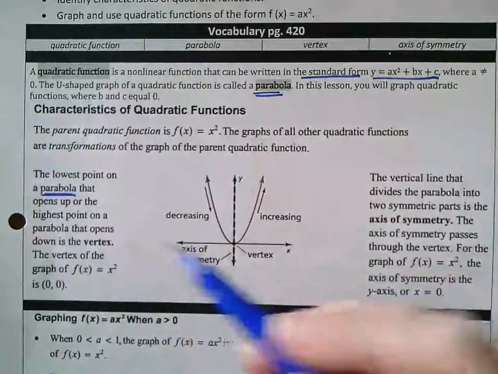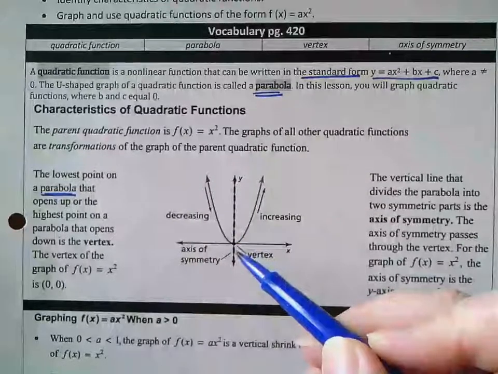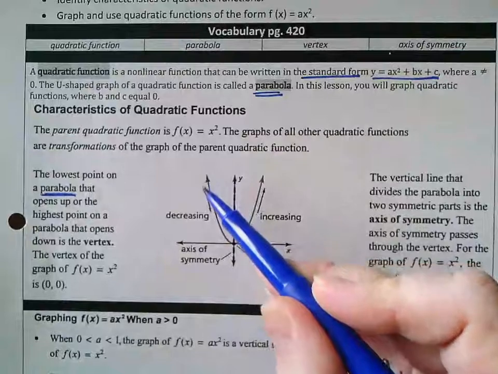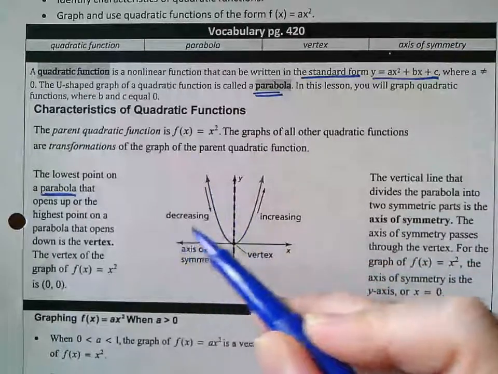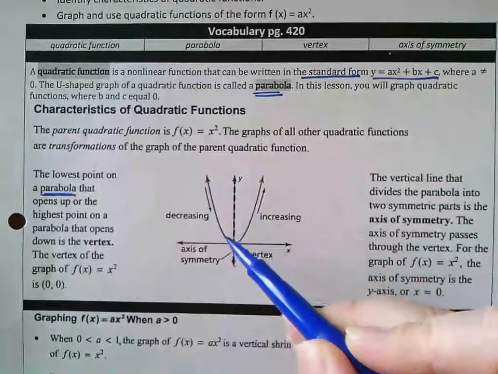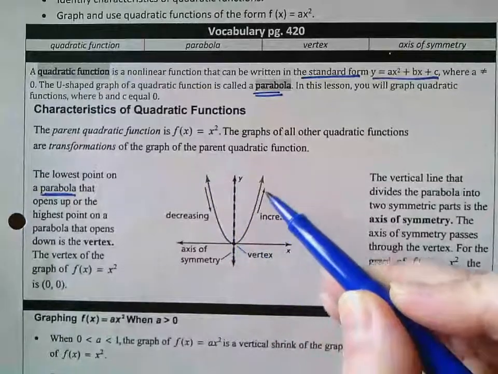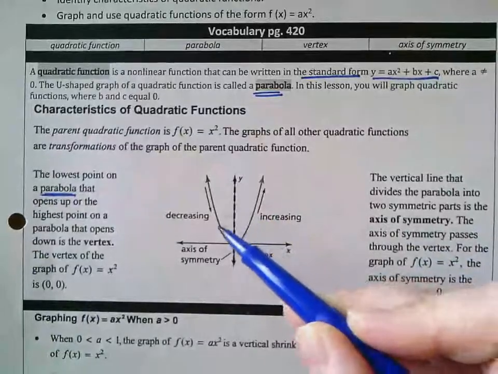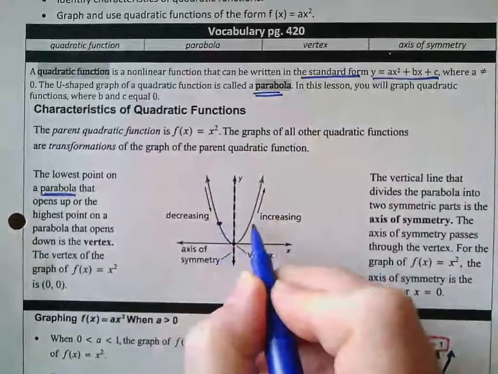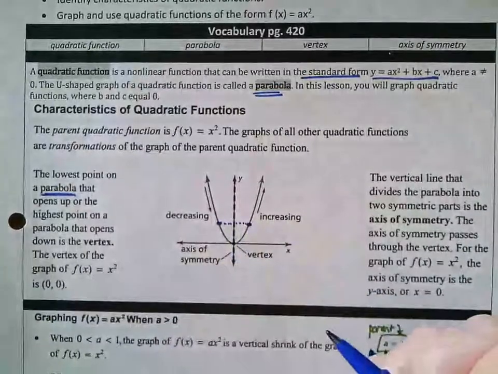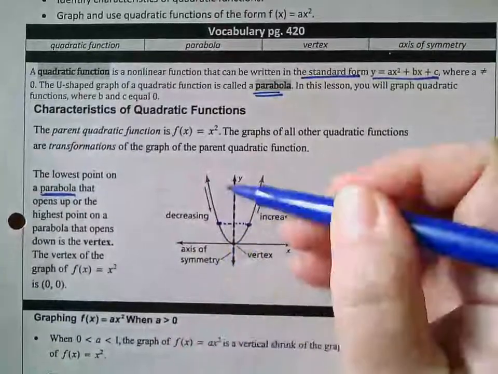So the lowest point on the parabola, we're going to call that the minimum, but we're going to get to that later. This is where the graph is decreasing, because you're always going from left to right when you're reading a graph. So this is where the graph is decreasing, and this is where the graph is increasing. And where it looks exactly identical, like if I put this point here and this point here, this is called the axis of symmetry.